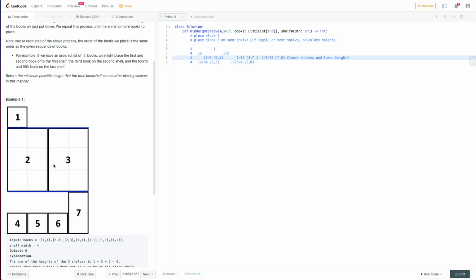So then here it would be 11 and the width would be 2 if we had to add that. It'd be 3, but it'd still be 7.